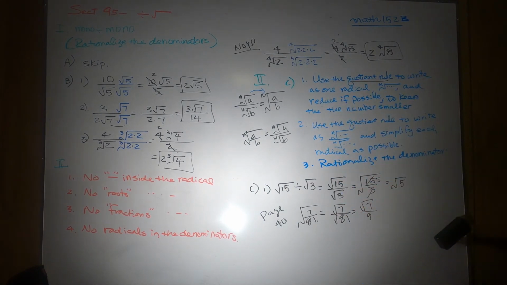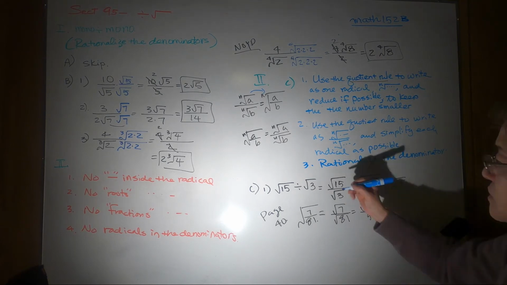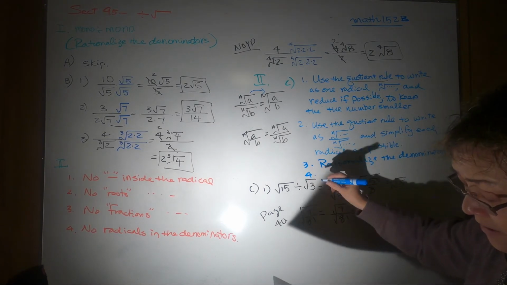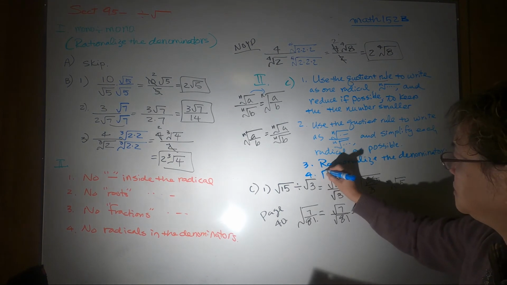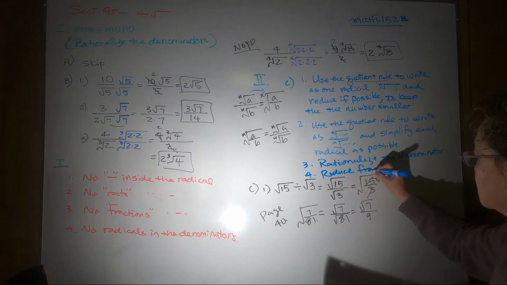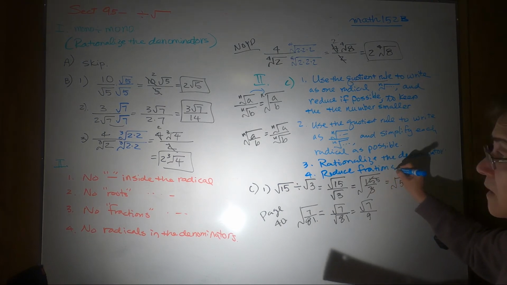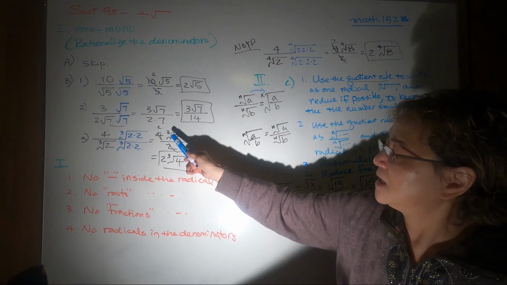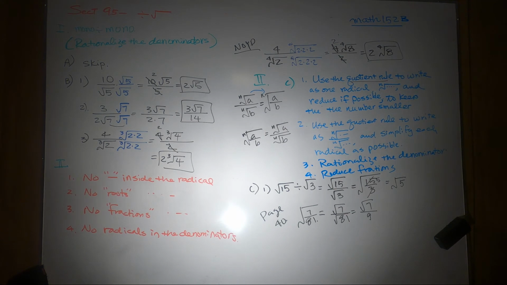To rationalize the denominator. That means you are doing the division. Then after that, you will reduce your fraction. Like here, after that, you reduce them. That's how we do the division. Is that right?